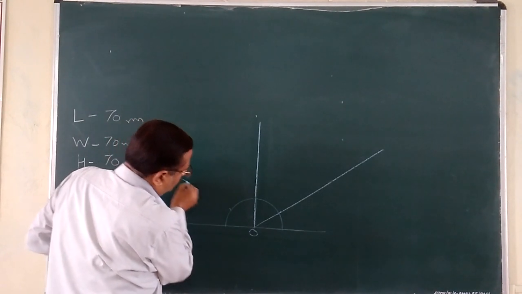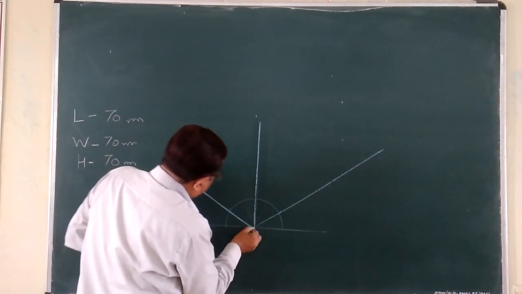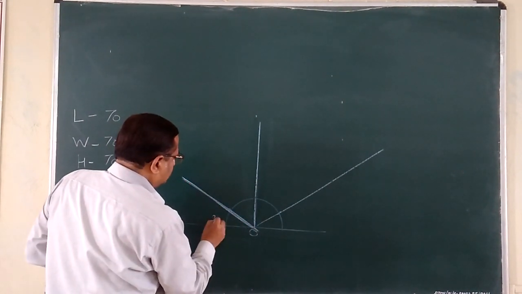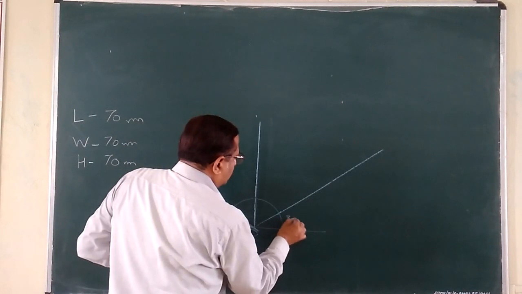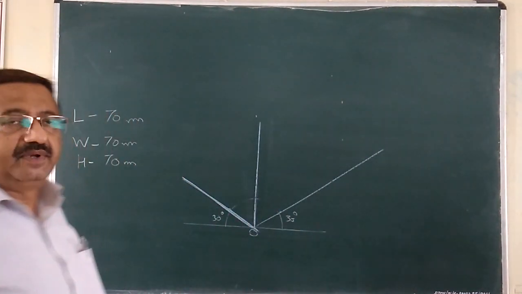Parallel to 30 degrees. Not parallel, 30 degree left, 30 degree right. Initially, these three lines are required to be drawn for getting the empty box.